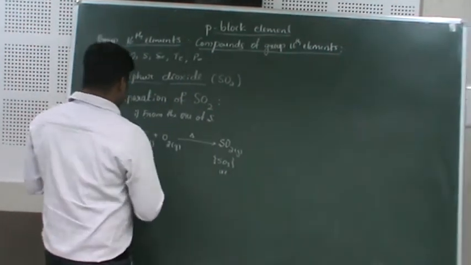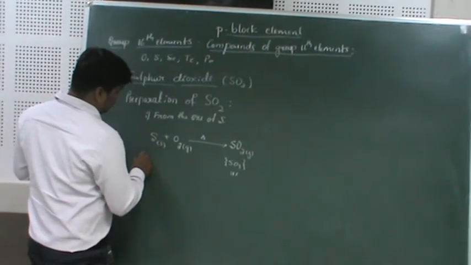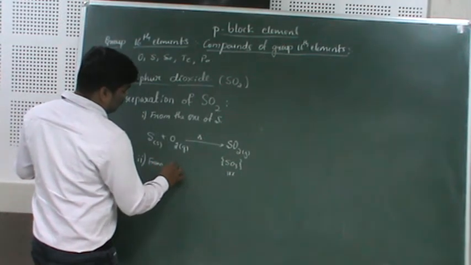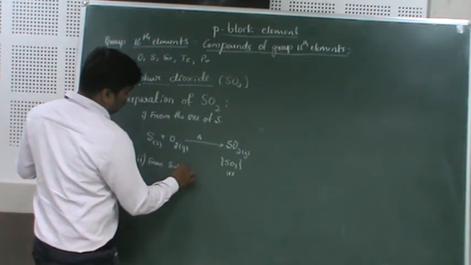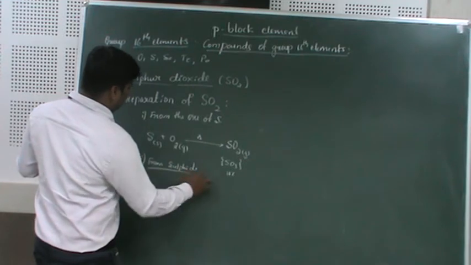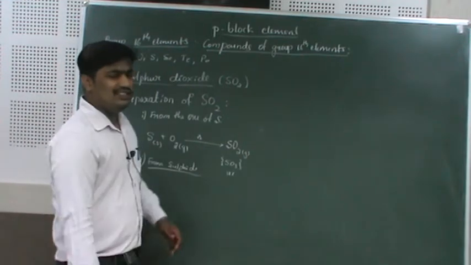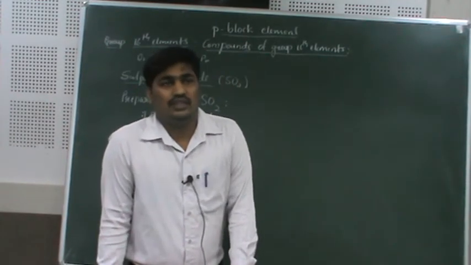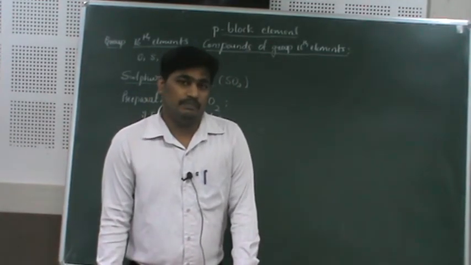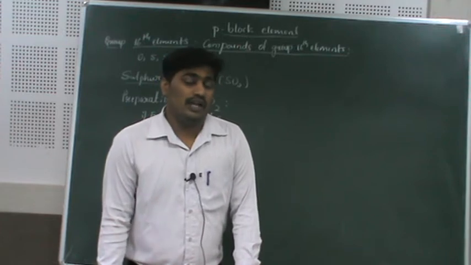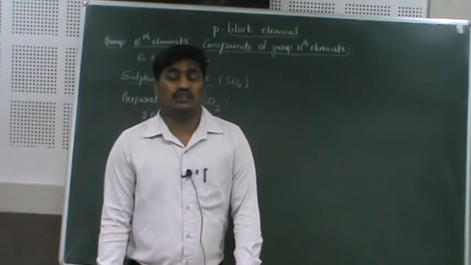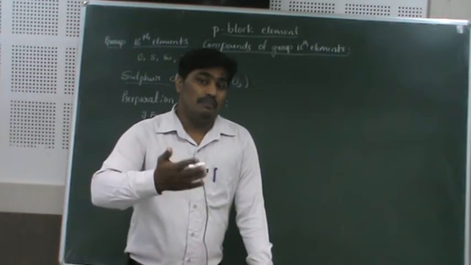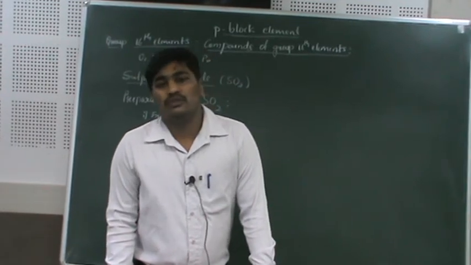Next, the second method is from sulphides. What are the different types of sulphides? There are a lot of sulphide ores: ferrous sulphide, calcium sulphide, and different types of metallic sulphides.